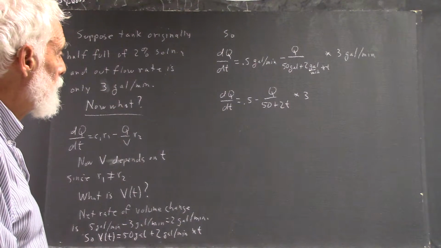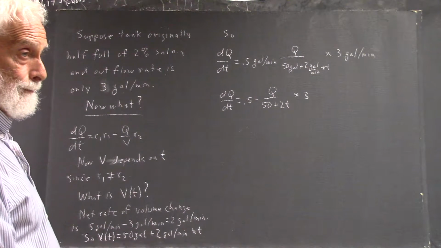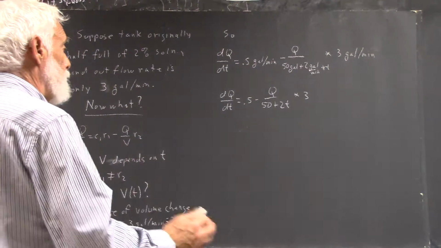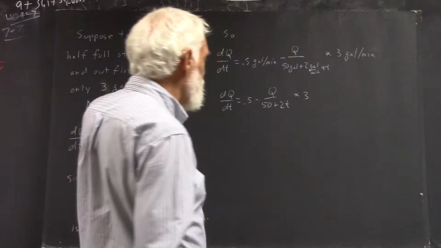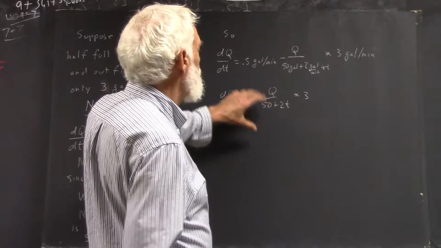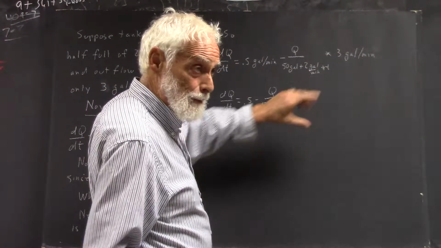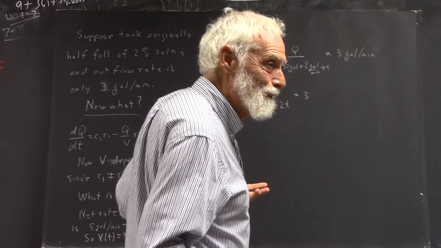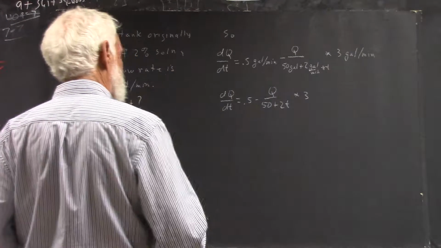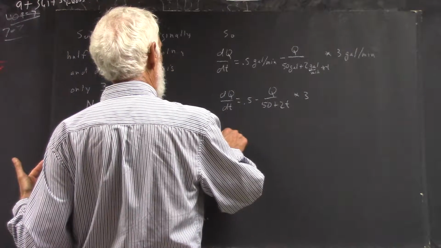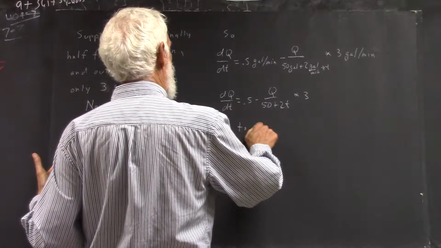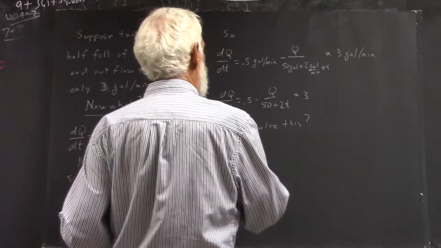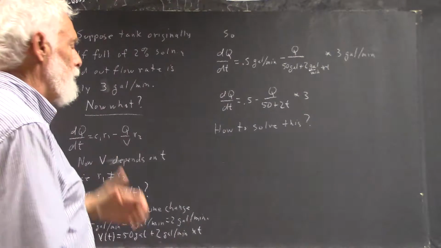Now this equation is no longer separable. You're not going to be able to rearrange things so that you can split it, so you have a product here of a Q part and a T part. They're mixed. Okay? So how do we solve this?